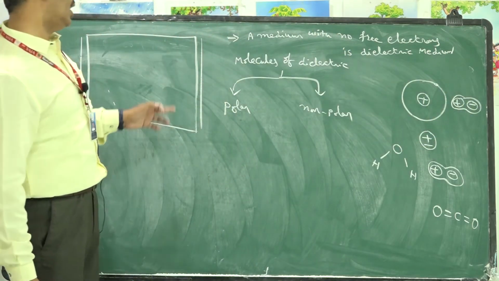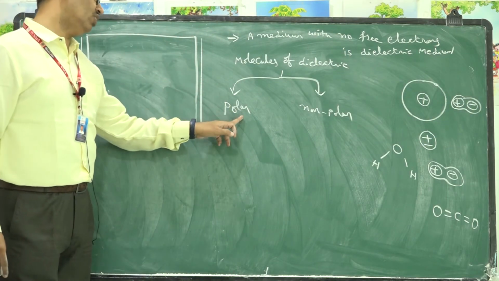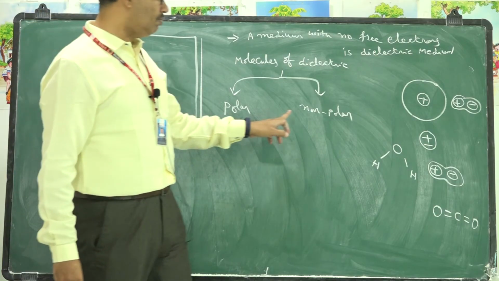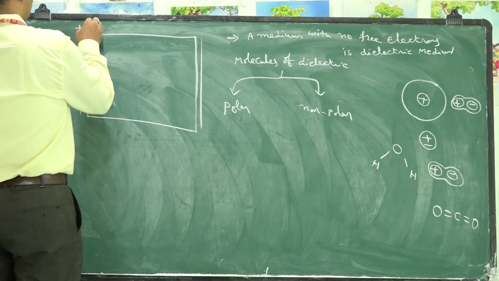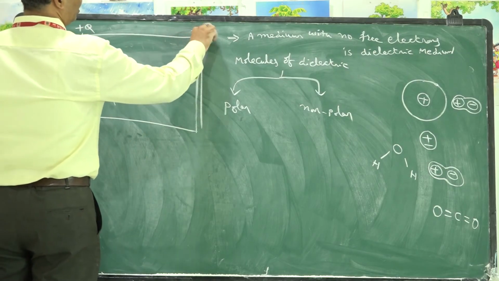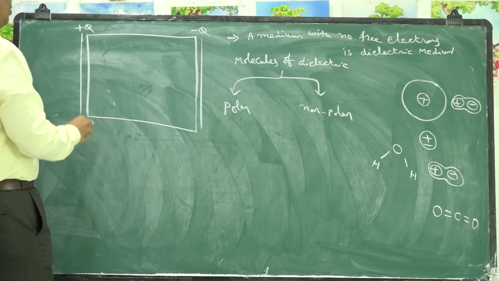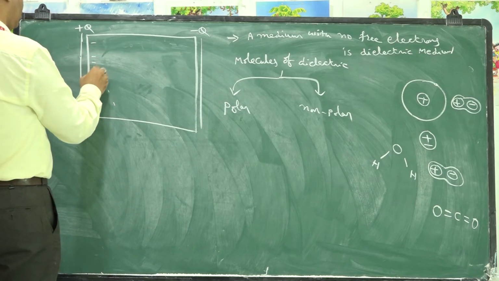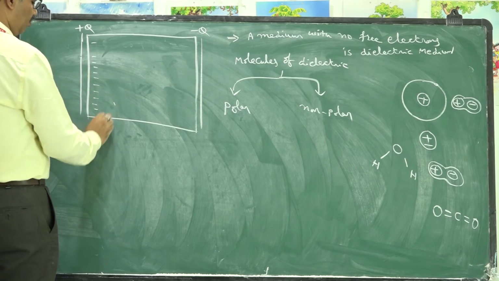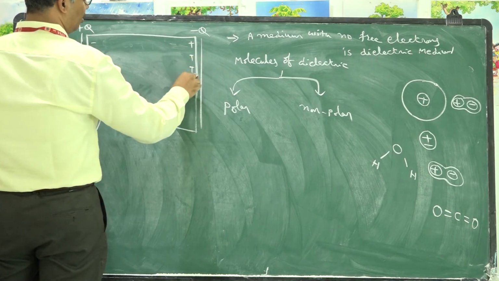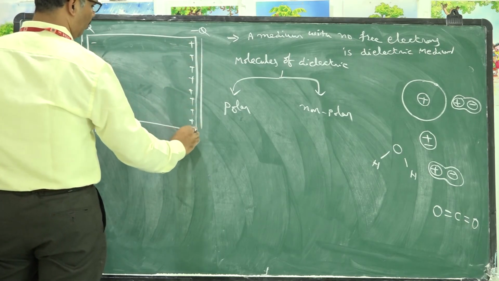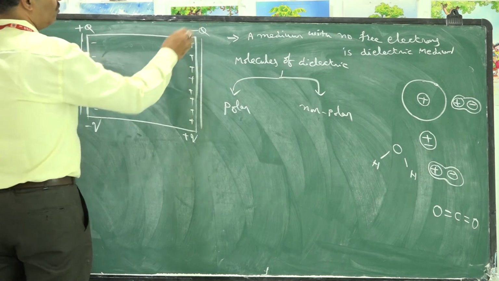That means dipole formation takes place, whether you keep the polar dielectric or the non-polar dielectric. That means if you keep positive charge plus Q here, minus Q here, obviously here you will get a negative charge with minus q charge, and here you will get positive charge plus q. This is called induced charge, this is called free charge.